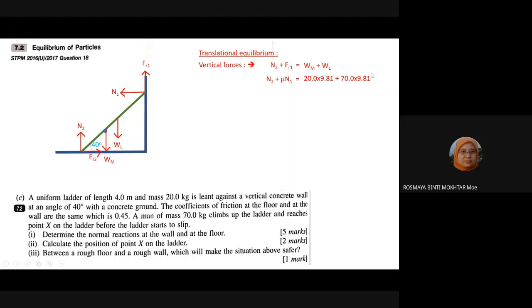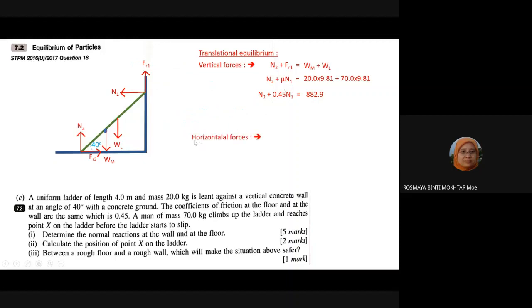So this one, mass of the man convert to weight, and mass of the ladder convert to weight. Okay, next is mu. So substitute mu 0.545 into the mu here, we get this one. And the total here is 882.9. So this is the first equation.